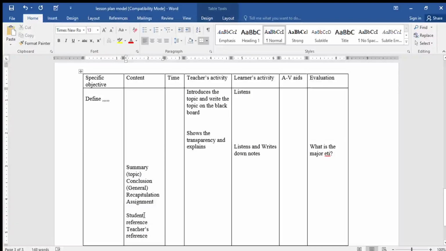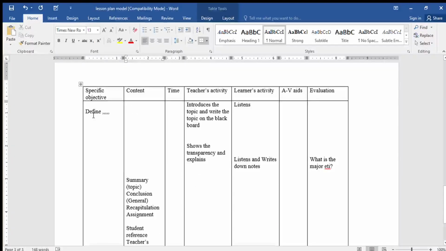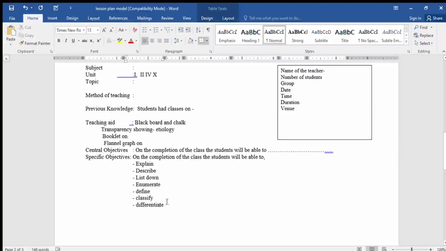For the student reference, you can give the textbook's name for writing this particular assignment, and for taking this particular class, whichever textbooks you refer, that is the teacher's reference. So that's all about writing a lesson plan. In lesson plans, you have a specific objective. The specific objectives should be in the order in which you write them here, that is explain, describe, list down.